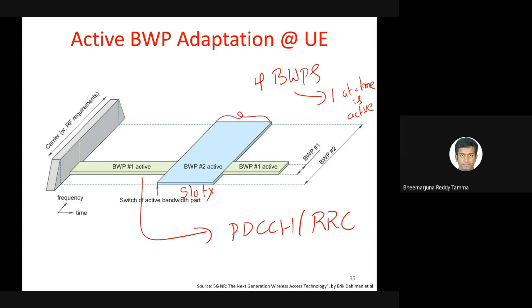After that, again, it can come back to the initial bandwidth part. So it can be dynamically adjusted on a per UE basis depending on the logic that you have at the base station.